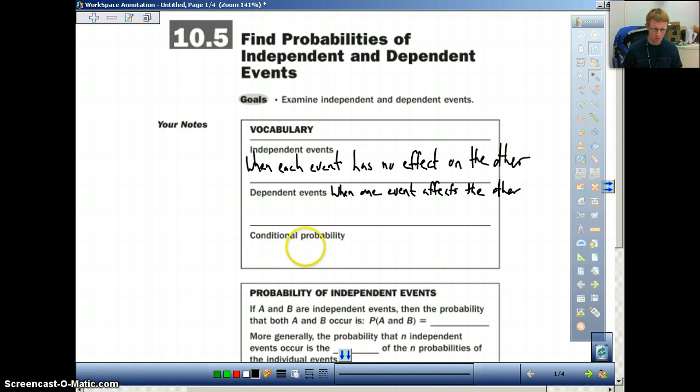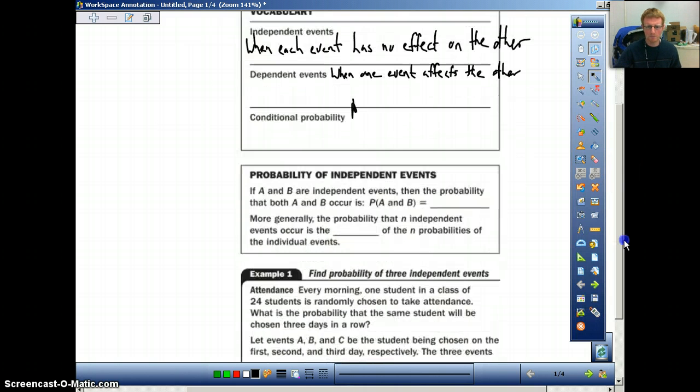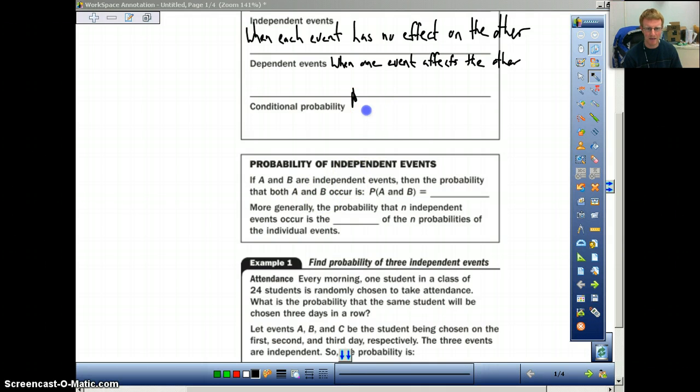Okay, and then conditional probability. This is a little bit different, but I'm going to write out some notation. You've seen a lot of P of A, the probability of A. But here you'll see the probability of B, and then a straight line down the middle, and then A. What this means is the probability of B if A has already occurred.